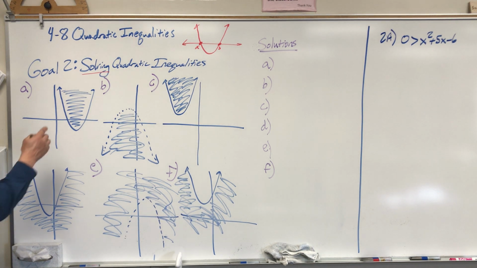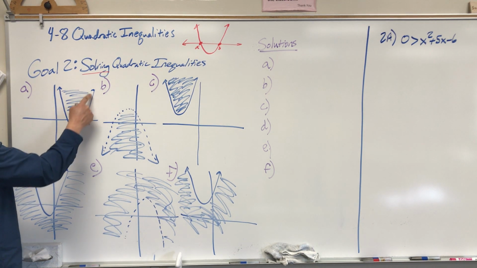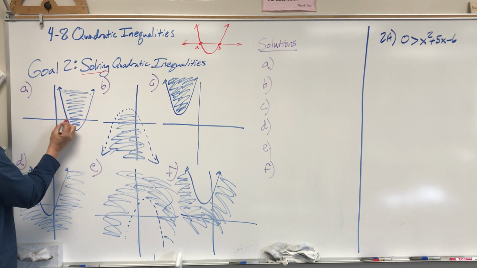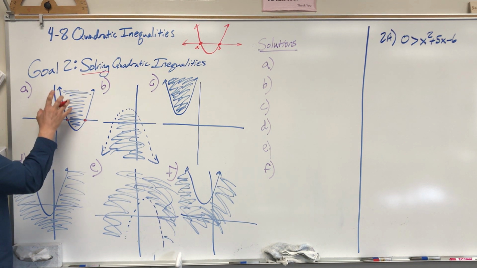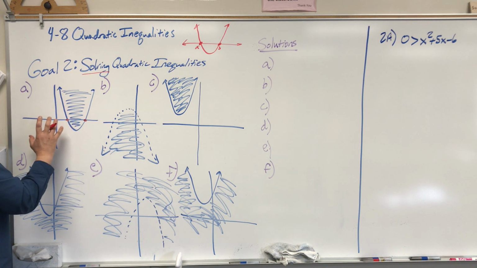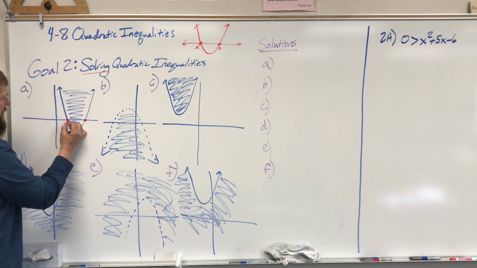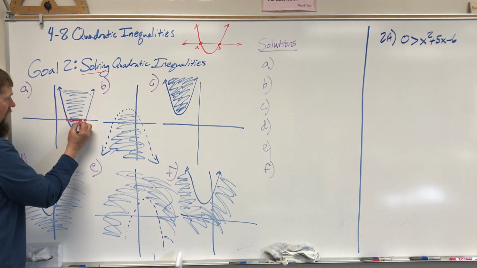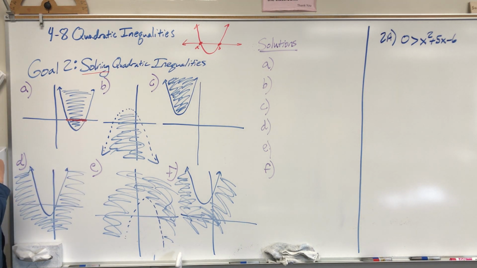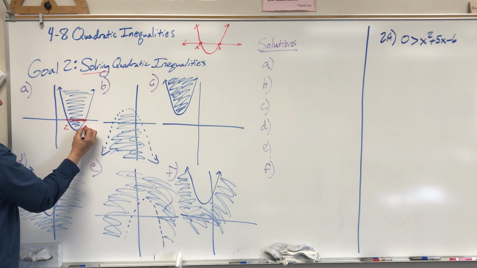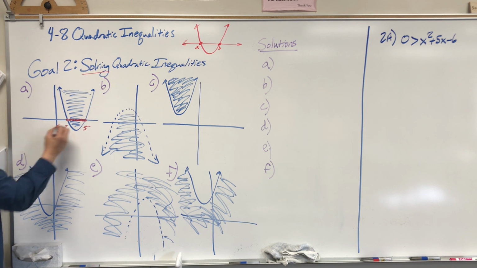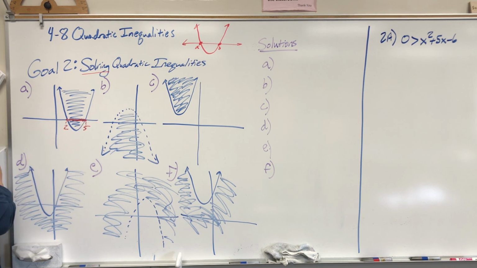All right, so situation A is a solid line, so it crosses the x-axis at these 2 points, but it's also shaded in between. So any point in between these are also solutions. Let's just say that this one is 2 and this one is 5.